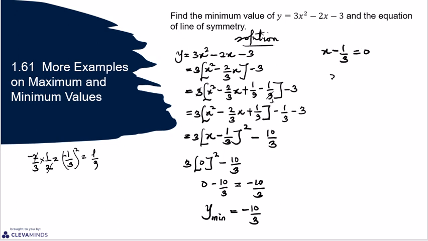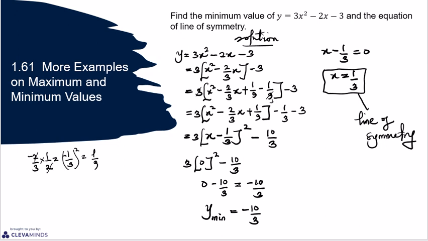So x equals 1 over 3. This is the value of x at which y minimum equals negative 10 over 3. So this equation for x is what we call the line of symmetry. The line of symmetry. Are you with me?